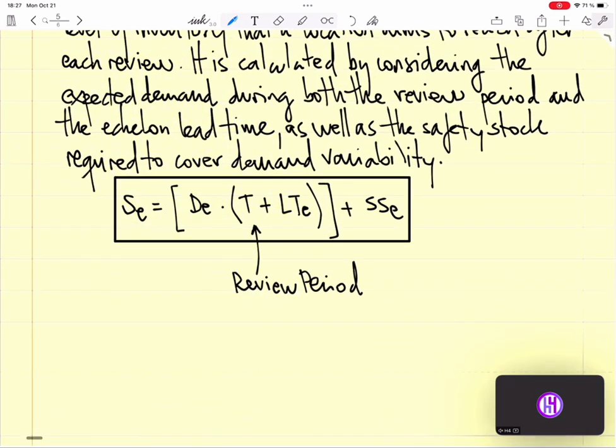So let's get an example. Suppose the same supply chain as above.